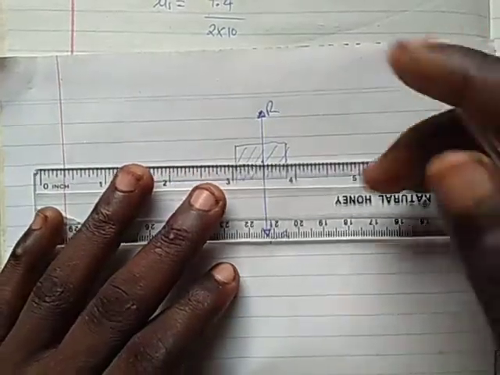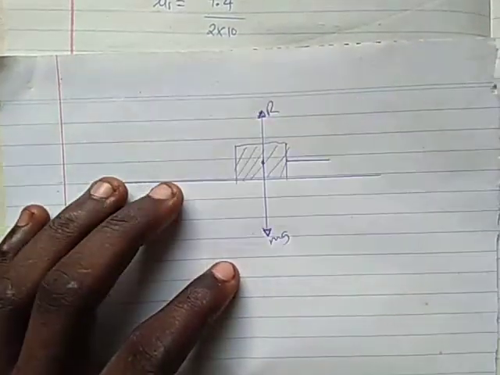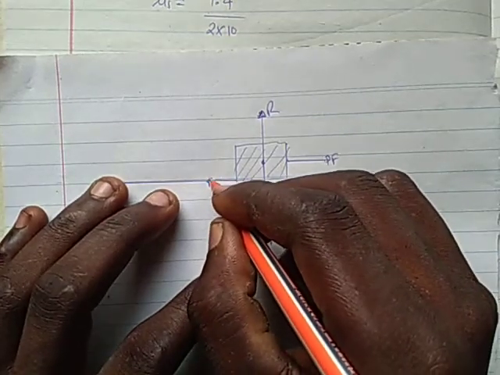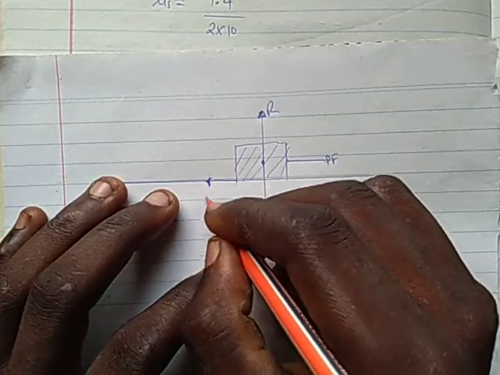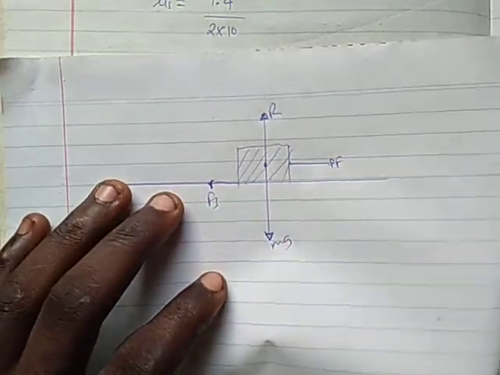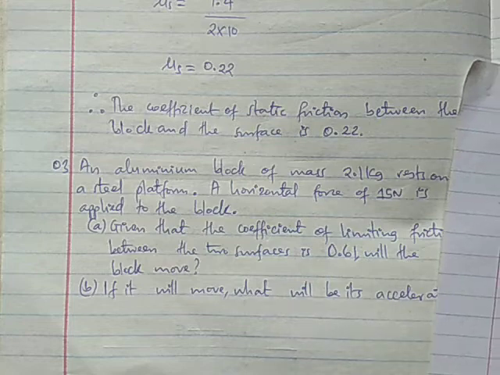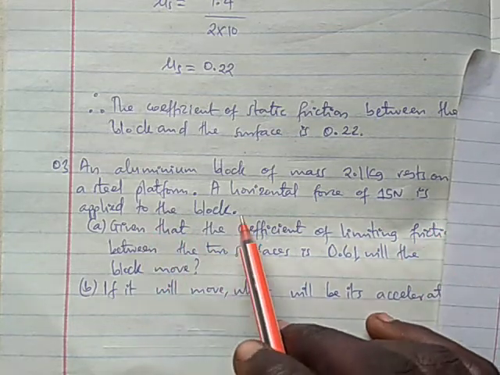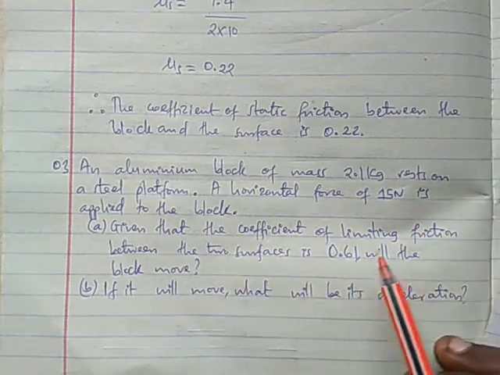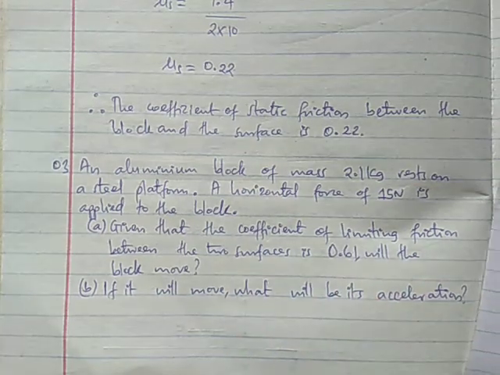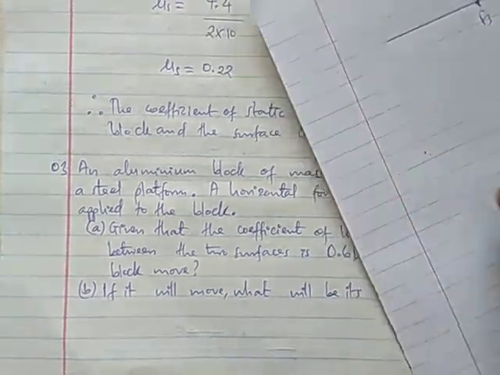From there tutakuwa na force inaenda hivi F, na force inaenda hivi ni Fs. So wanasemaje hapa? Wanasema kwamba tumepewa mass pamoja na horizontal force applied to the block. Given that coefficient of limiting friction is 0.61, will the block move?